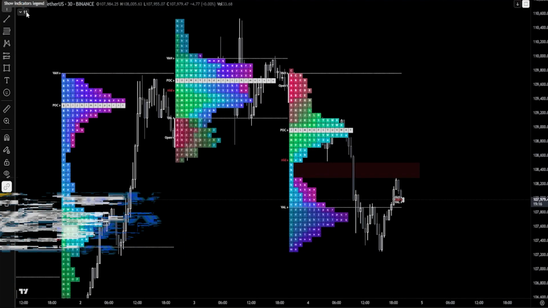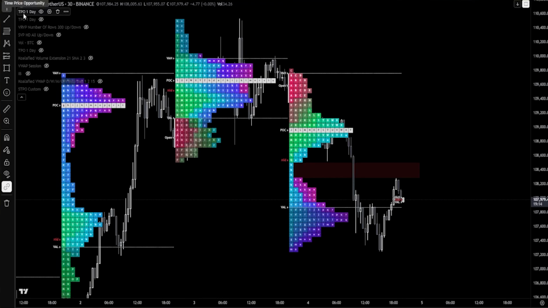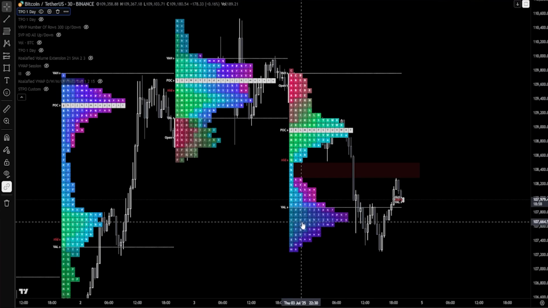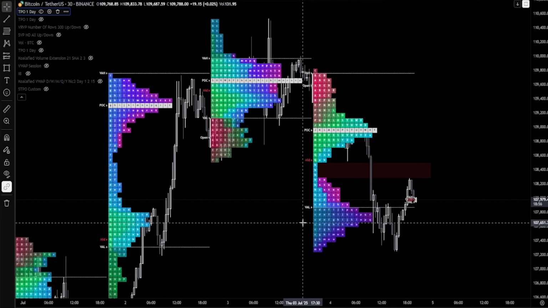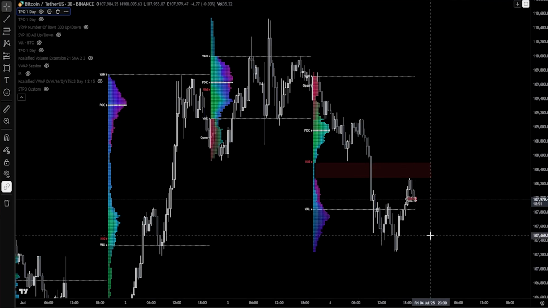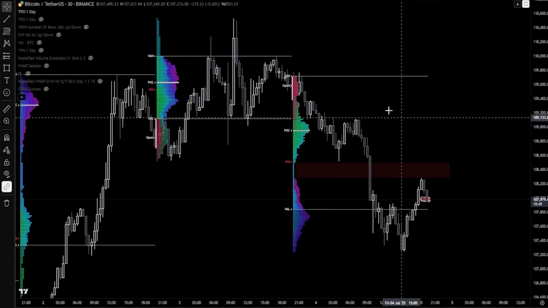The larger the profile, or the larger your row size, we'll go down to 2,000, the fewer features you're going to see, but you can use it for some other things. And if you're not exclusively trading with TPO, reduce it down to $20 rows.